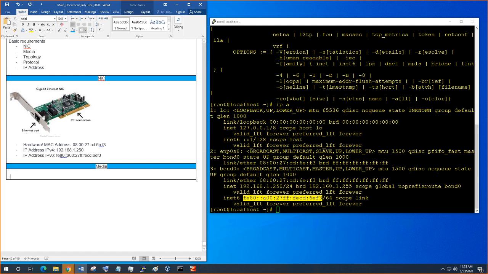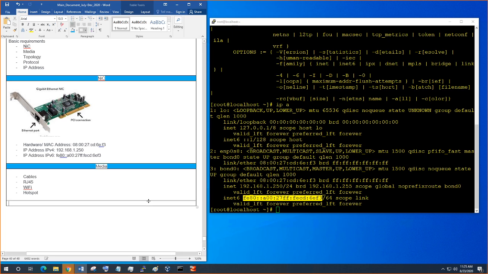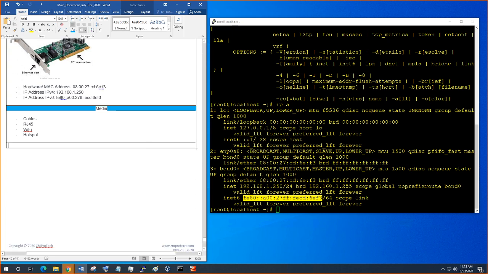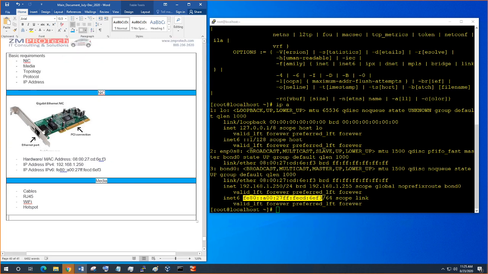Media is simple things like cables, RJ45, Wi-Fi. These are just the mediums here, okay? Hotspot. Okay, so you get the idea. These are just the media which help the data flow from one device to another device. Okay. All right. After that, we'll focus on topology here.